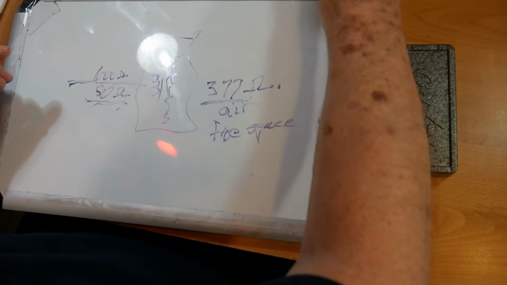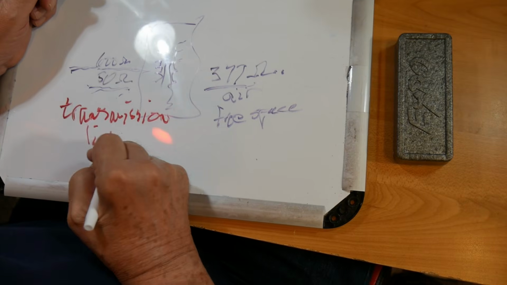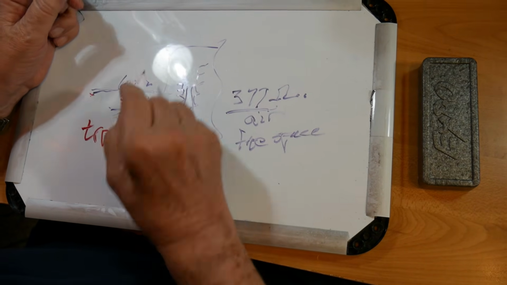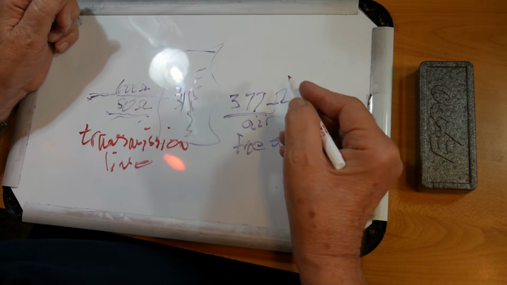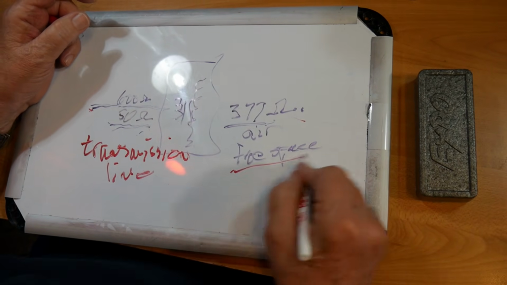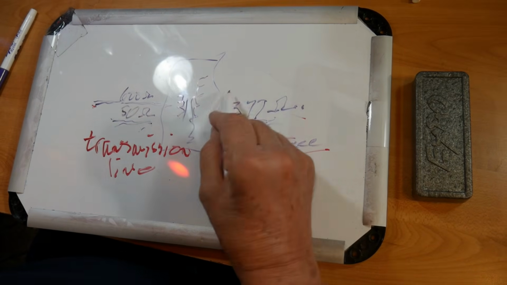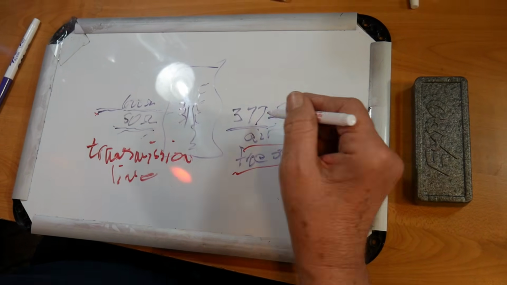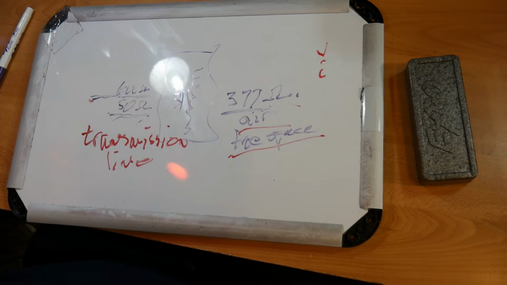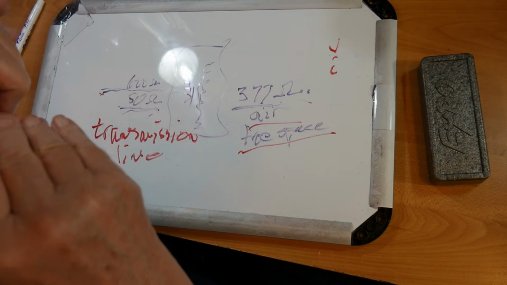It needs either a transmission line here, which has a positive and a neutral if it's unbalanced, and then there is no transmission line here, except it's either air or free space, okay? This impedance here, you can measure the voltage, you can measure the current, okay? You can measure them with a field strength meter.